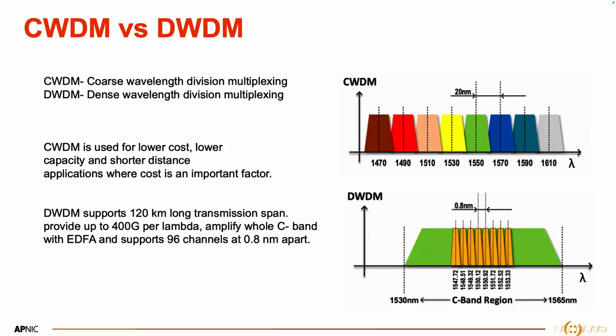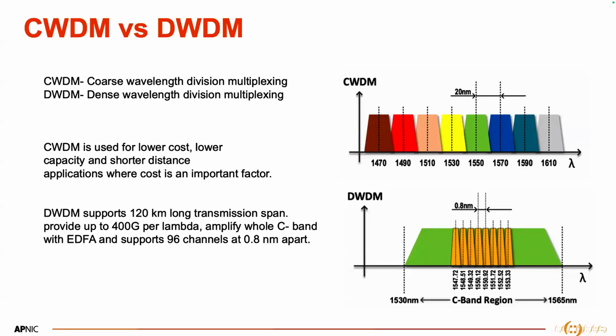Different terms are used in different locations or different places, but they're all the same. Band guard, band gap, etc. They all mean the gap between two consecutive wavelengths. So when we maintain a big gap like 20 nanometer between two consecutive wavelengths, we call that technology CWDM, and it is used for lower cost, lower capacity, and shorter distance, right?